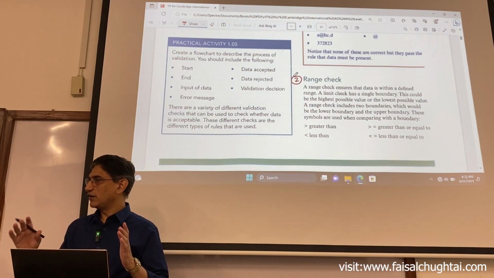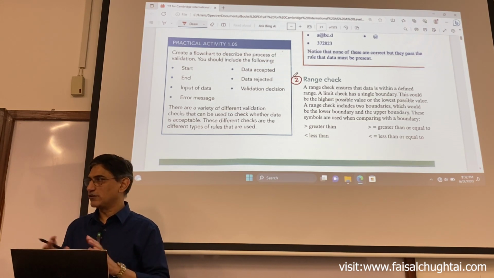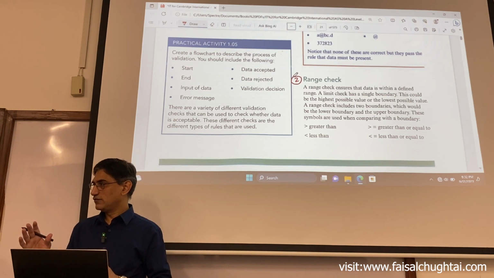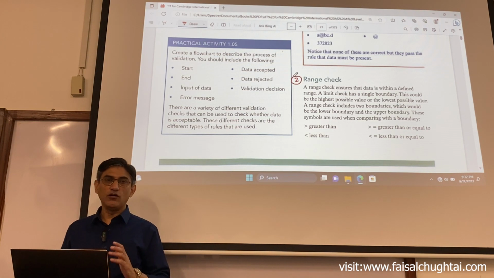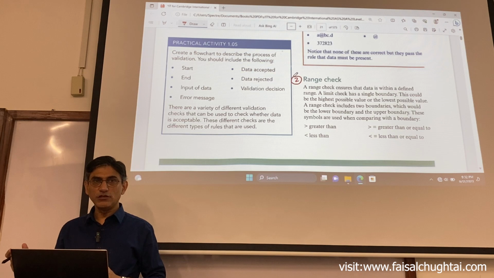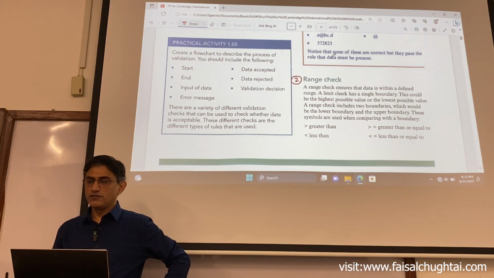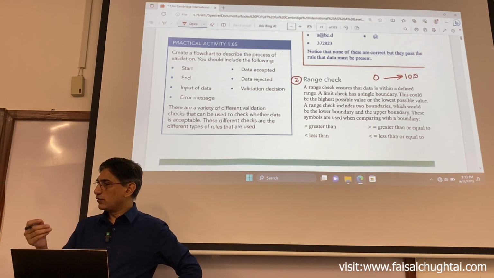There is a possibility of getting 100. And of course, there's a possibility of getting any mark in between. But is there any possibility of getting a mark below 0? No. Is there a possibility of getting a mark above 100? No. So a range of 0 to 100 in terms of marks is what marks the range of acceptable values or acceptable data for a particular field.